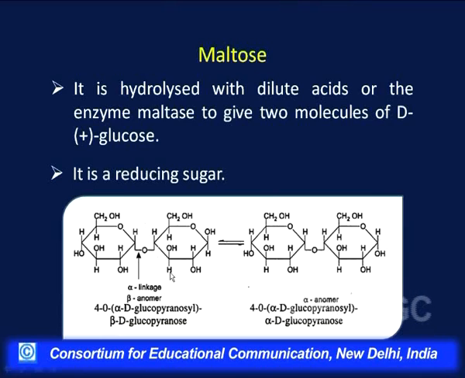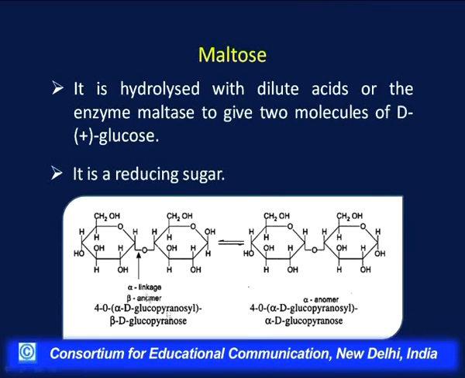4-O, we are naming this as glucopyranose. This is our basic molecule, glucopyranose. At the 4th carbon, there is a hydroxyl group, and on that hydroxyl through oxygen, what is linked? This glucoside molecule. Now, this glucoside molecule is linked through alpha linkage and it is D-glucopyranose.